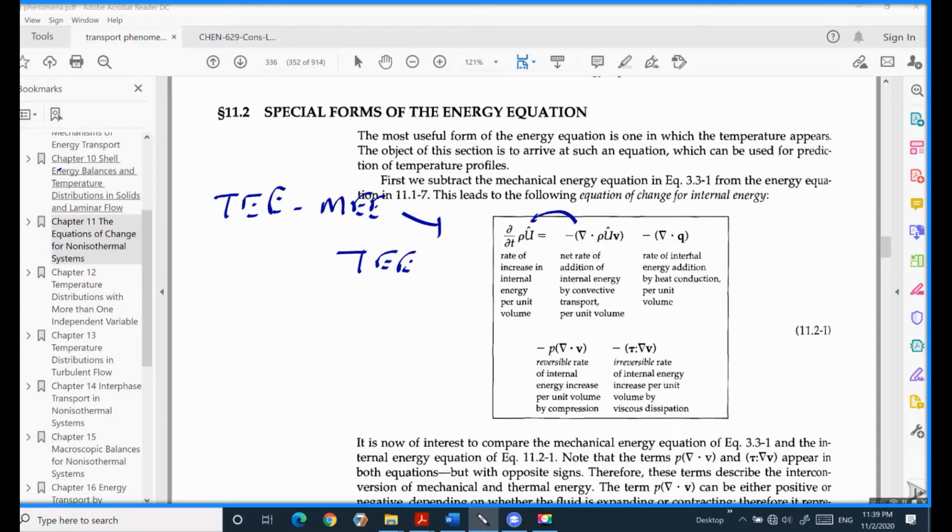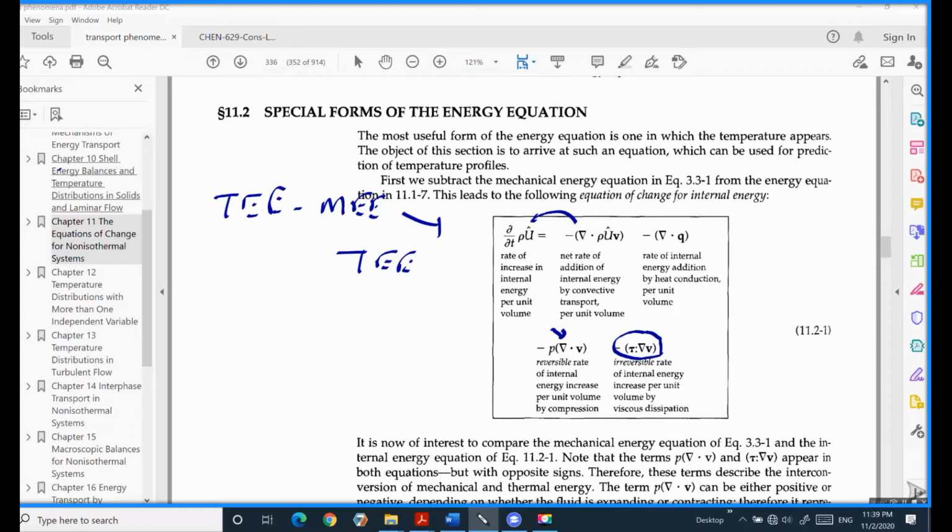This is again our heat conduction term, and this is the reversible rate of internal energy increase per unit volume by compression because of the pressure forces acting on fluids. And this is going to be our irreversible rate of internal energy increase per unit volume by the viscous dissipation term. We know where these terms come from, actually, from the other videos and other slides.